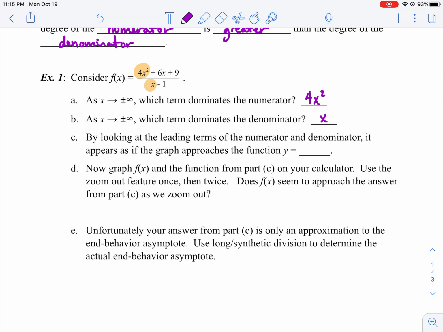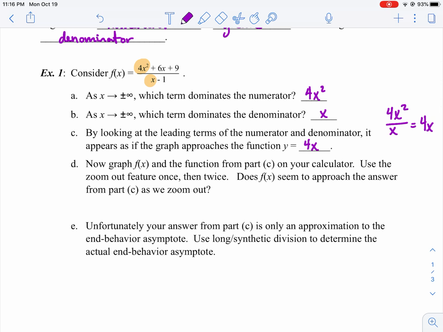So by looking at the leading terms of the numerator and denominator, it would appear as if the graph approaches the function 4x squared over x, which simplifies to 4x. That is a good approximation, and it would certainly help us figure out the limit notation, because we know that 4x is just a line that goes up to the right and down to the left.